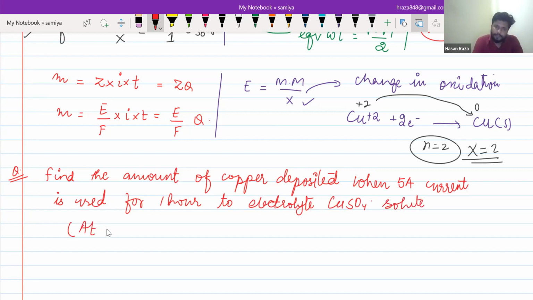Also, it is given that the weight of copper is 65 gram, and the value of 1 Faraday is given as 96,500. So give it a try and let me know if you are unable to solve it. Now I will explain.